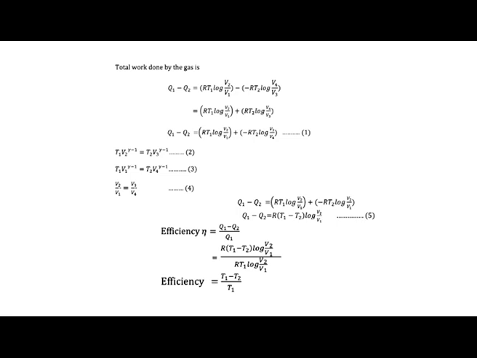We get efficiency eta is equal to R into (T1 minus T2) log V2 by V1 divided by RT1 log V2 by V1. That is, efficiency eta is equal to (T1 minus T2) divided by T1. Here the efficiency of the engine depends on T1 and T2, that is, the temperature of the source and the temperature of the sink.